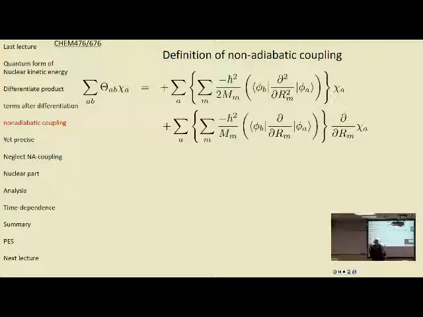And then instead of a series of several terms, there will be only one term, and we roll into a simple equation. So these two terms are characterized by the fact that this bra-ket of nuclear differential operators does not give a delta function.